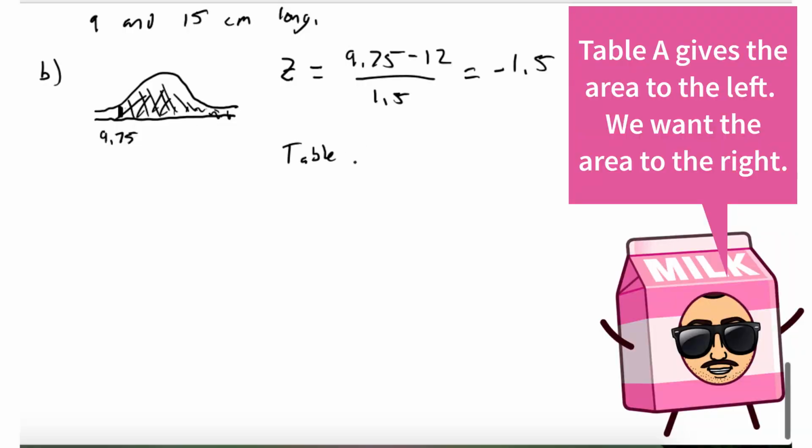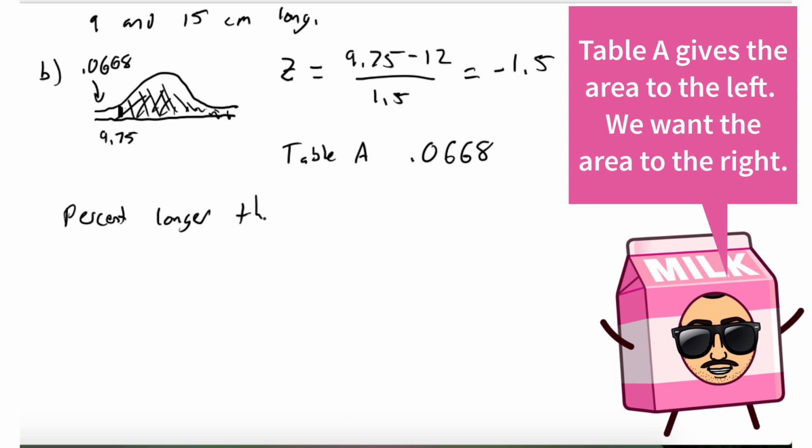So using table A, we know the area to the left, right? Table A gives us the area to the left of our number, which is 0.0668. We want the area to the right. So the way we get that is we do 1 minus our number. Okay, so first we're going to write out the proportion, then we could turn it to a percent.